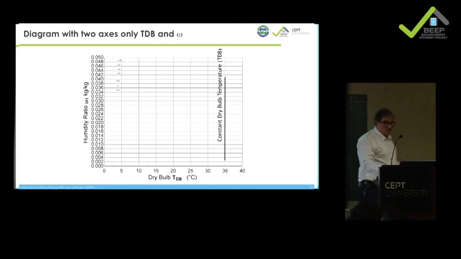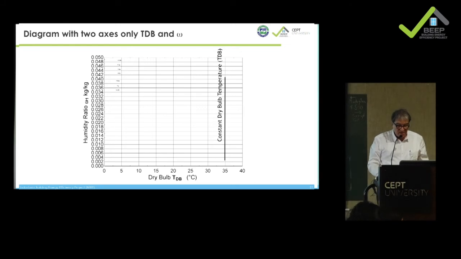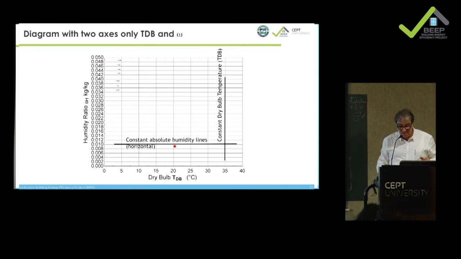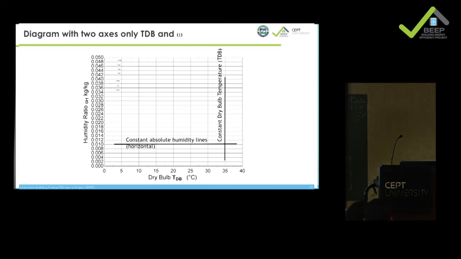Then the next axis is the vertical axis with the constant absolute humidity lines, typically going from completely dry air to air which has a lot of water. Generally we talk of 0 to 30 grams. In India, sometimes it can reach 30 grams. You can say 0.03 kg of water per kg of dry air. So 30 grams is the kind of maximum that you get. So this is really the basis of how this diagram is constructed.